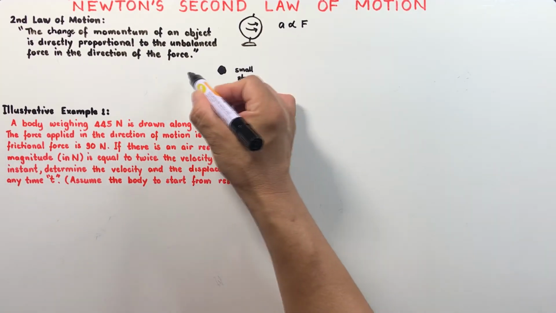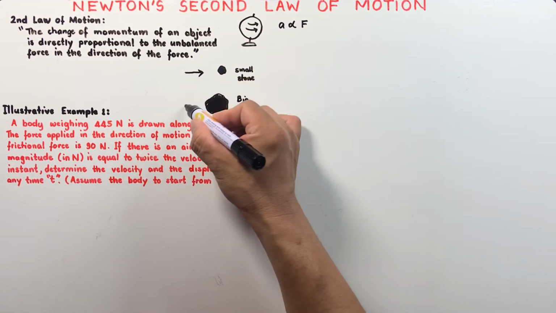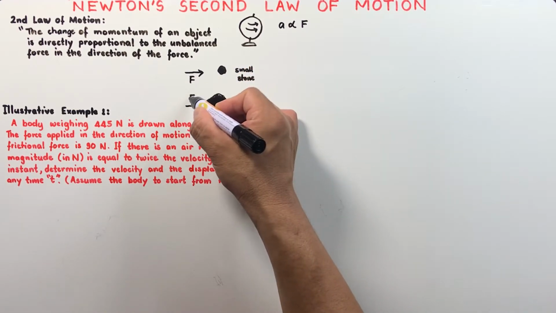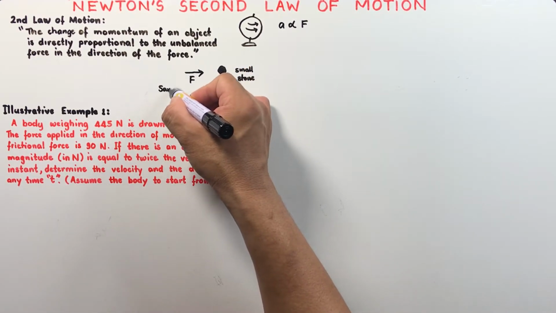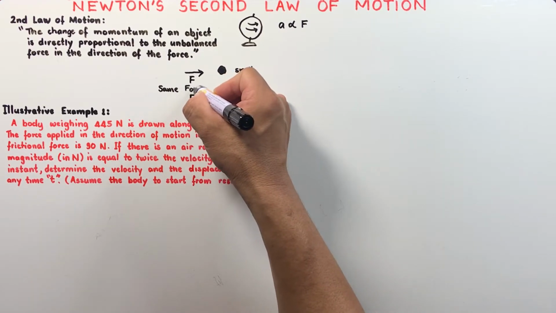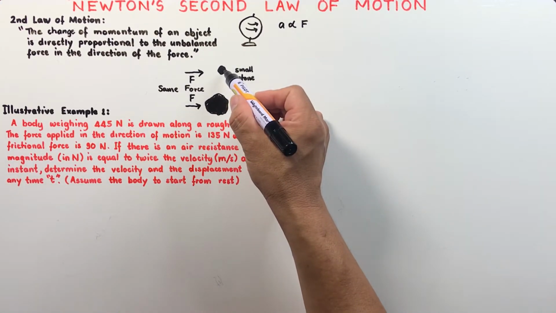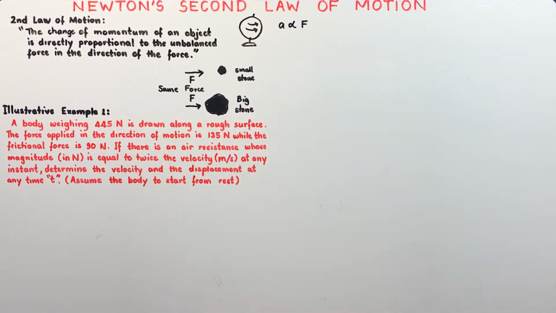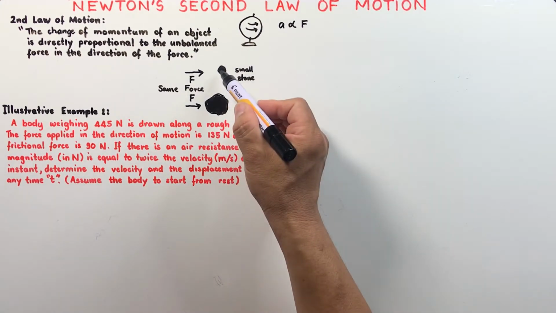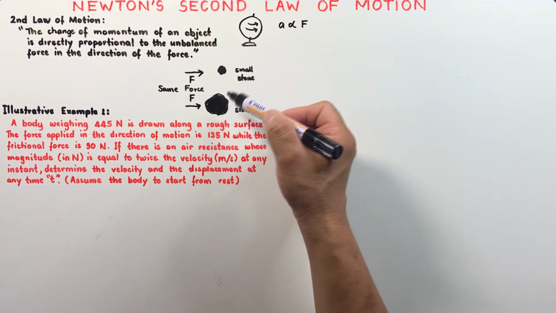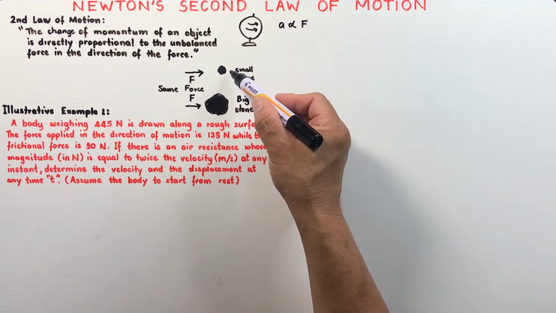I will apply the same amount of force to both. So what do you think will incur a greater acceleration, the smaller stone or the bigger stone? Of course, common sense would tell you that when applying the same force to the smaller stone and the bigger stone, more acceleration happens in the smaller stone.